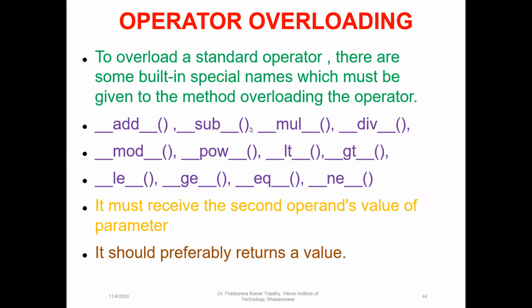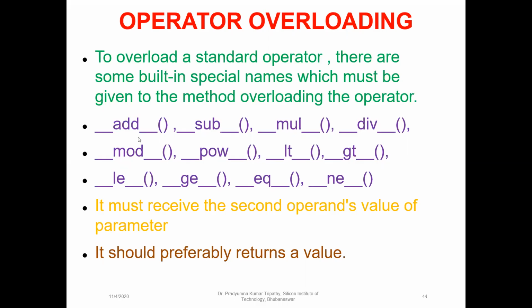So for arithmetic, logical operations and all this, some special names are associated with them. They can be overloaded by overloading that particular method. Suppose I want to overload the plus operator, then I have to write the method overloading for this function.